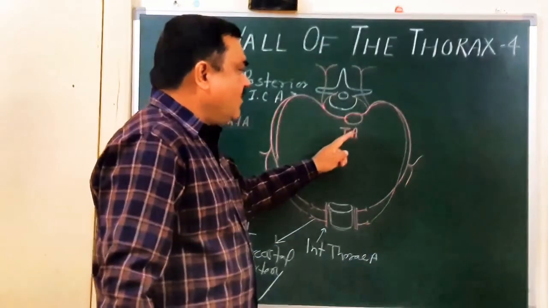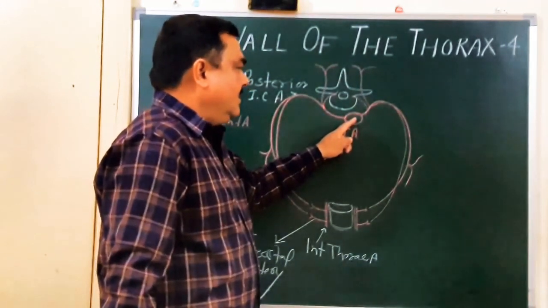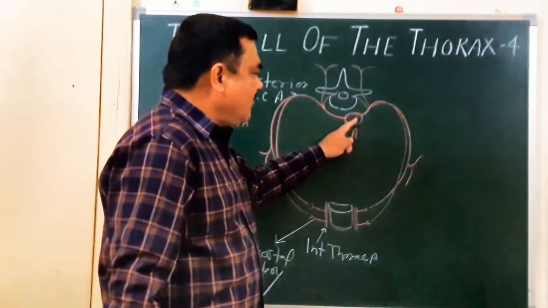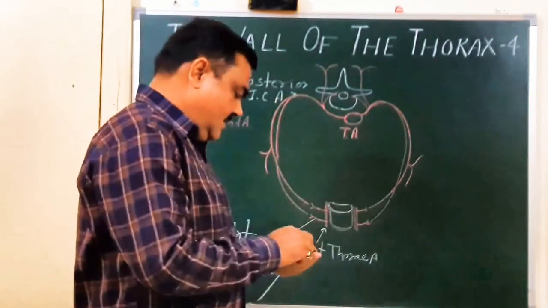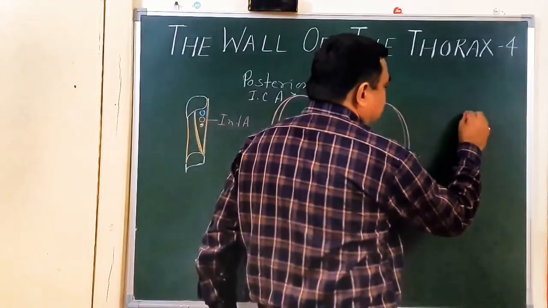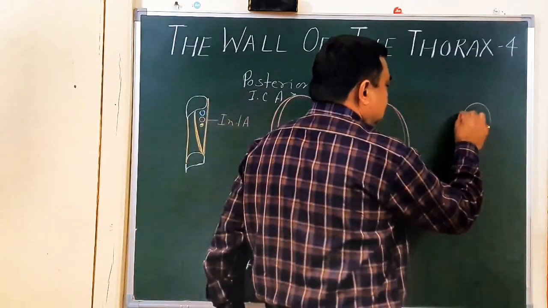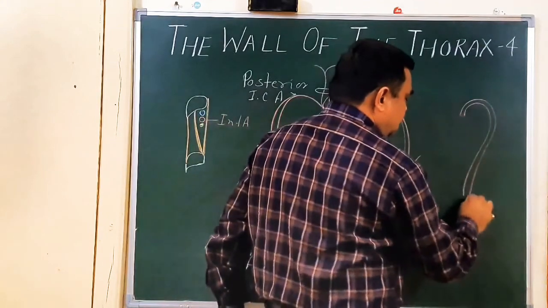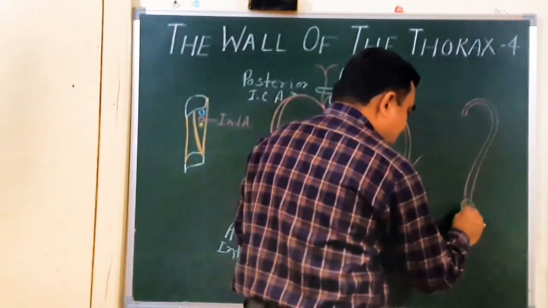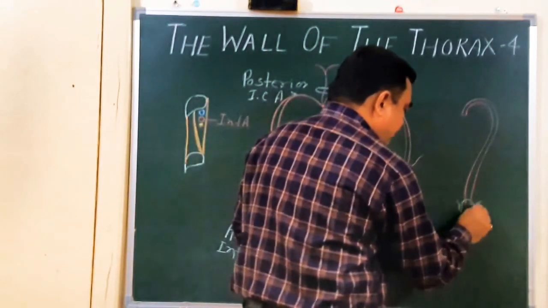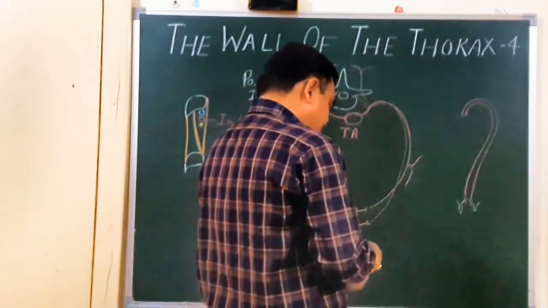So now we'll discuss the thoracic aorta, which gives the posterior intercostal arteries. Here is the thoracic aorta. Here is the opening in the diaphragm, the aortic opening, and these are the branches.